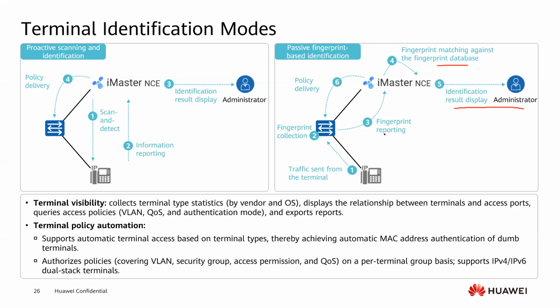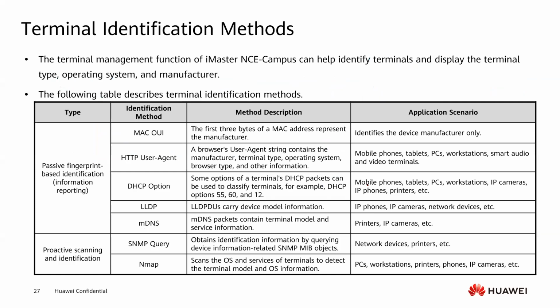So this brings two advantages. First is the terminal visibility. That means the administrator can use the controller to see the specific types of the terminals, and then it can automatically deliver the policy to the access devices to do this kind of traffic control.